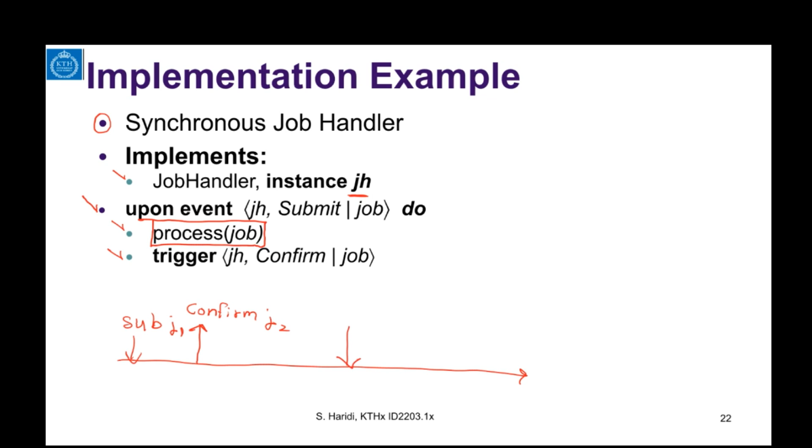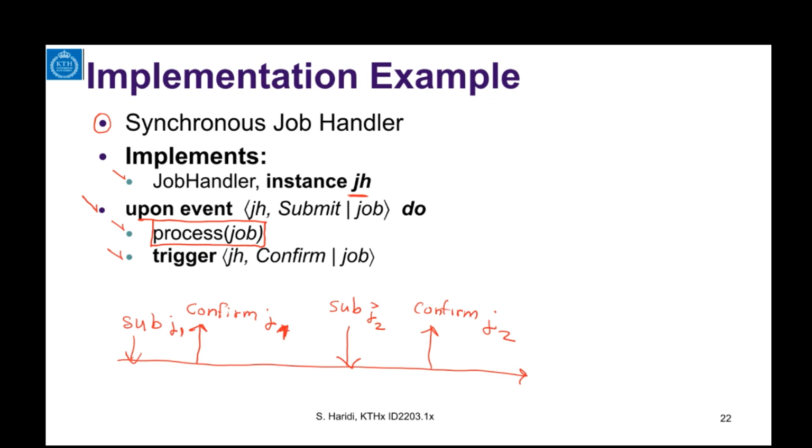And then we will accept the next submit, call it sub here, to mean submit, J2, and then we get confirm J2. So this sequence satisfies the specification. So the sequences that this implementation produces are always a subset of all possible sequences that are allowed by this specification.